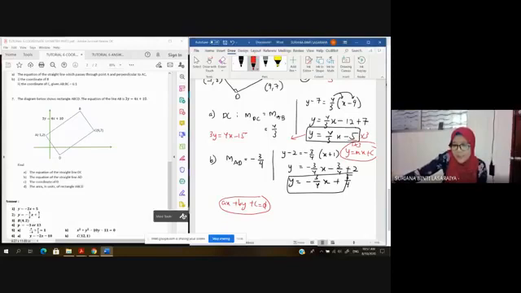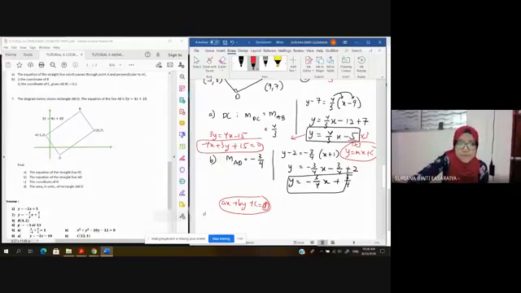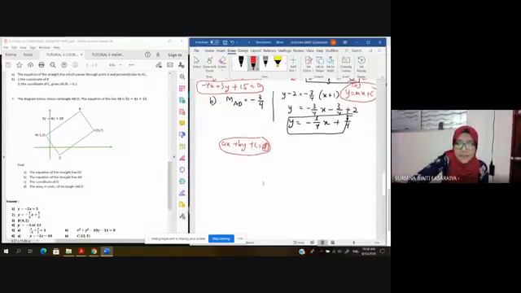Then it becomes negative 4x plus 3y, this one 0, sorry, minus 15 plus 15 equals 0. So this is the form. For the other one too, you can change its form, depending on the question. Can?